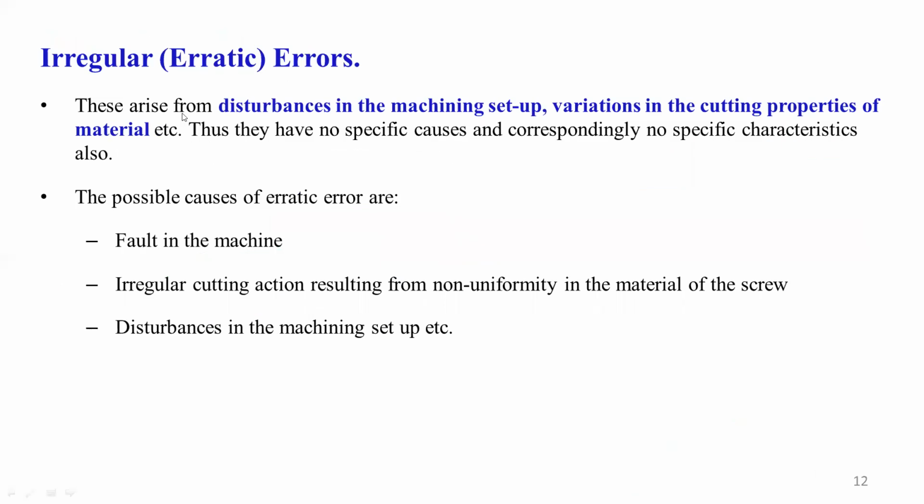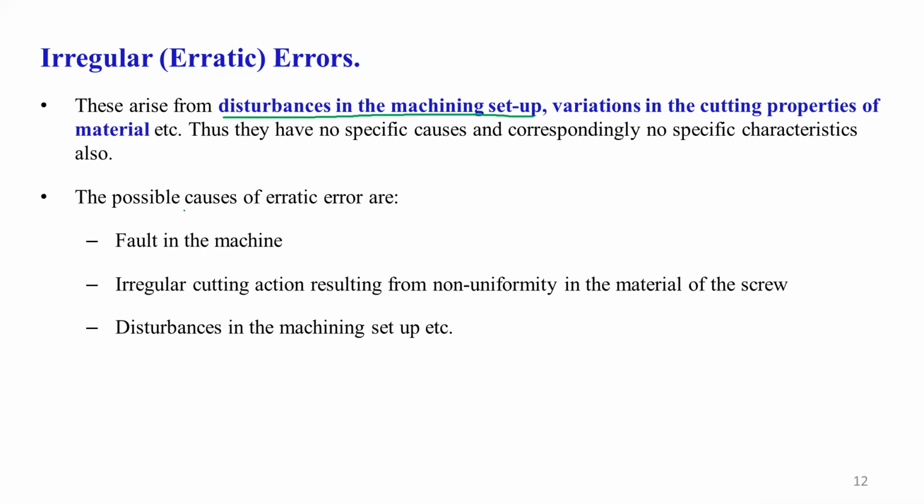Next error is irregular errors or erratic errors. These errors arise from disturbances in the machining setup, and the variations in the cutting properties of the material cause the irregular errors. So these errors have no specific causes and correspondingly no specific characteristics also.